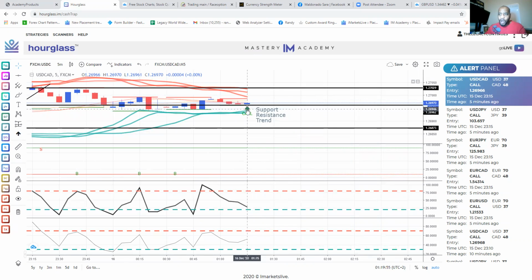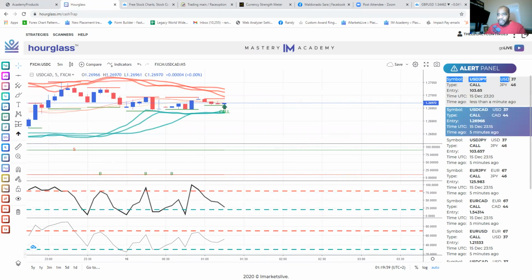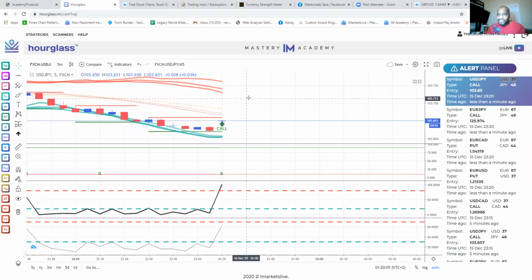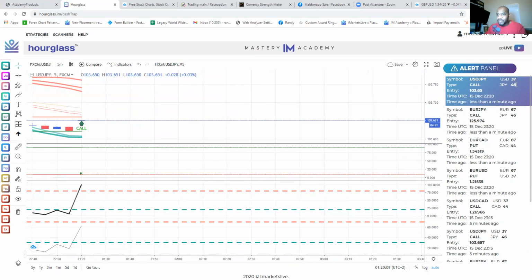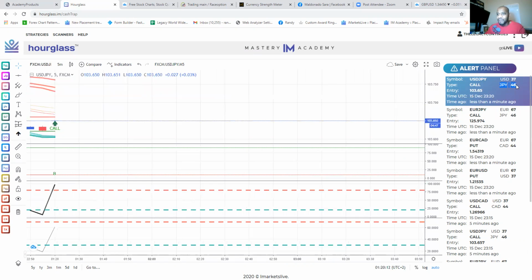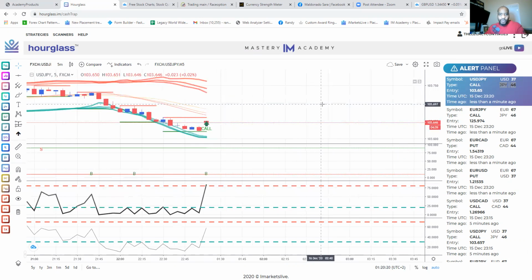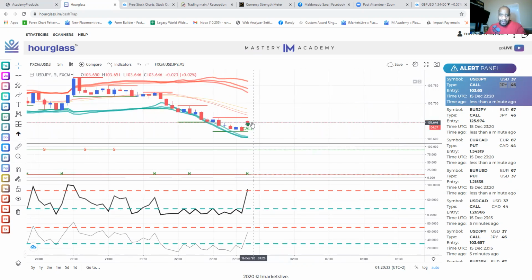If we're looking for a call, we need the top number right here to be bigger than the bottom number. And if we're looking for a put, meaning a sell, we want the top number to be less than the bottom number. So this is actually a put right here. Okay, so there we go. Now it's about to reset. So we have a new reset here, still calling a call here.